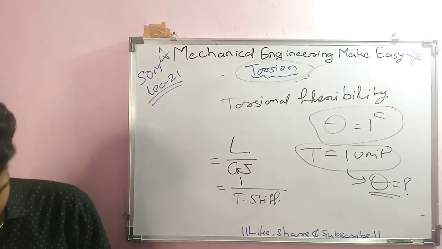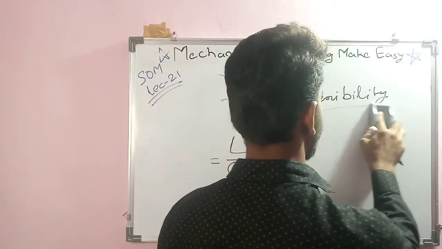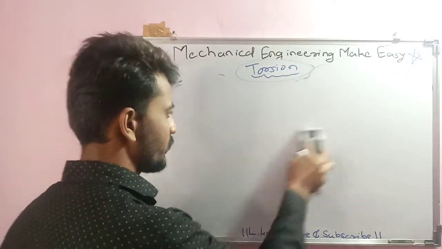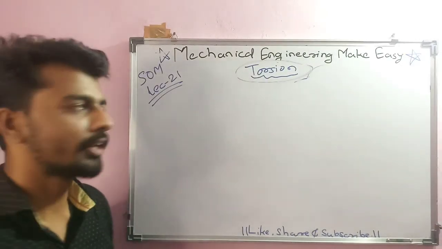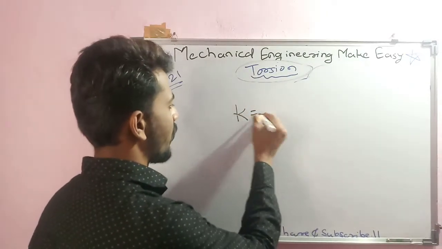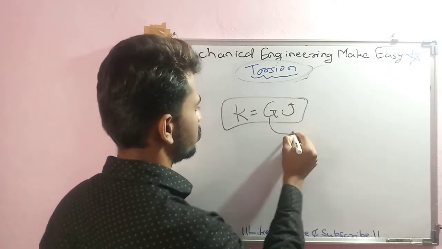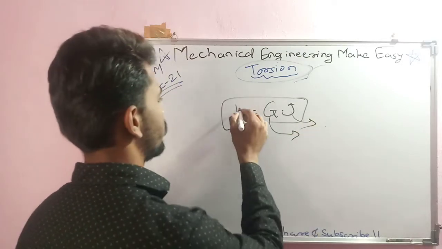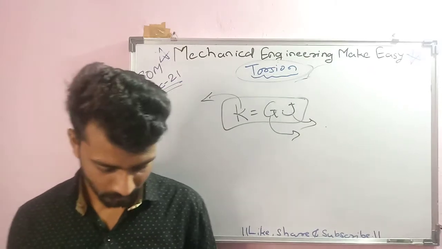And next is torsional rigidity. As in case of bending stress, we have studied flexural rigidity, and in this case we are going to study torsional rigidity. So torsional rigidity, which is denoted by K, is equal to G into J. Here G is nothing but modulus of rigidity, J is nothing but polar moment of inertia, and K is nothing but our torsional rigidity.